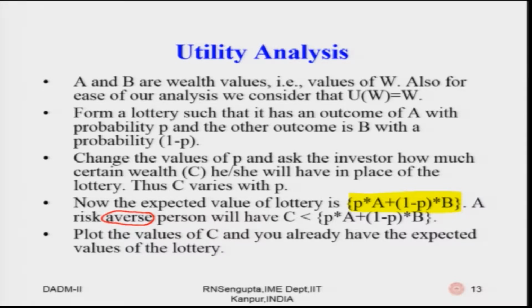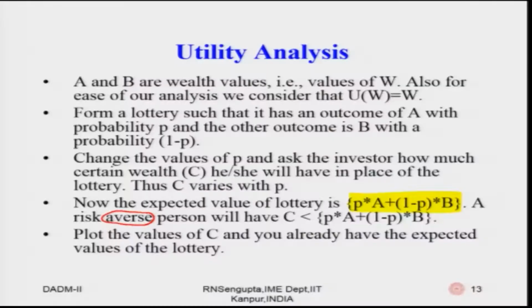It would be a risk loving person, sorry my mistake, where the expected value of the lottery would be more than C, because he is willing to take the risk. So, in that case P into A plus 1 minus P into B, the overall value would be greater than C, because the person is willing to take the risky decisions.